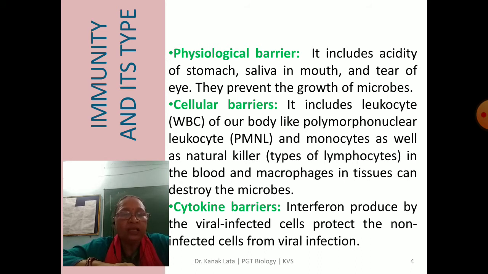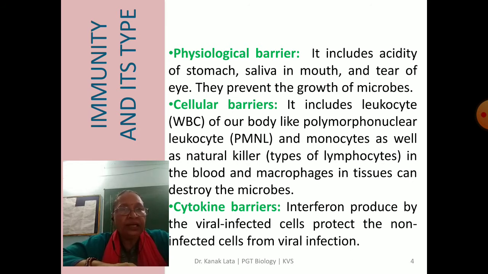So all these chemicals are helpful in trapping the microbes: HCl from gastric glands, ptyalin from saliva, and lysozyme from tears of the eye. All these are responsible for trapping the microbes or pathogens.